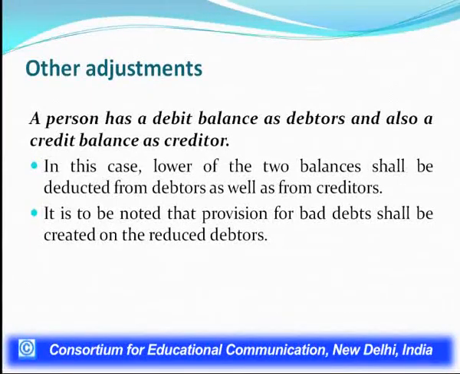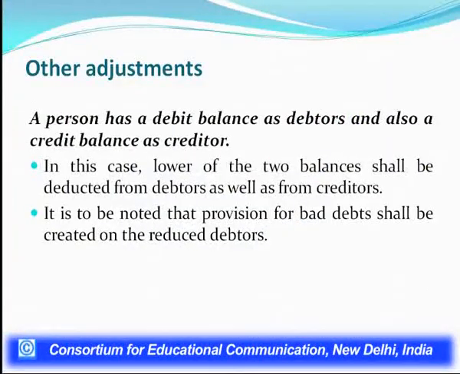There may be other adjustments; we have to apply the basic rules of debit and credit. For example, a person who is our customer as well as supplier. As a customer, his balance may be shown in the debtors list, while as a supplier, his account may also appear in the creditors.